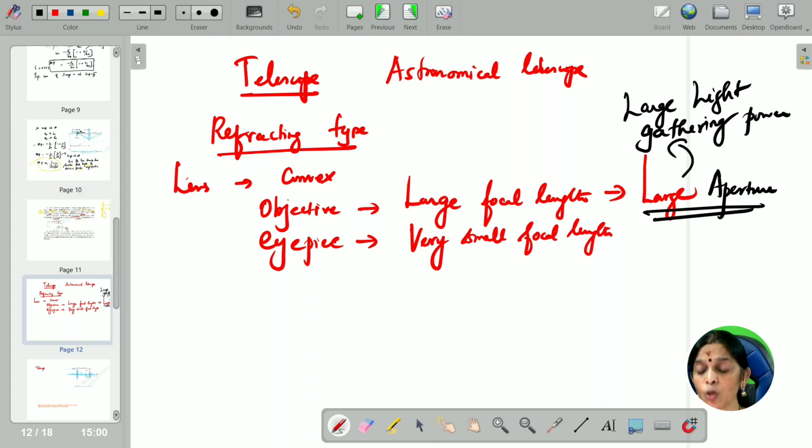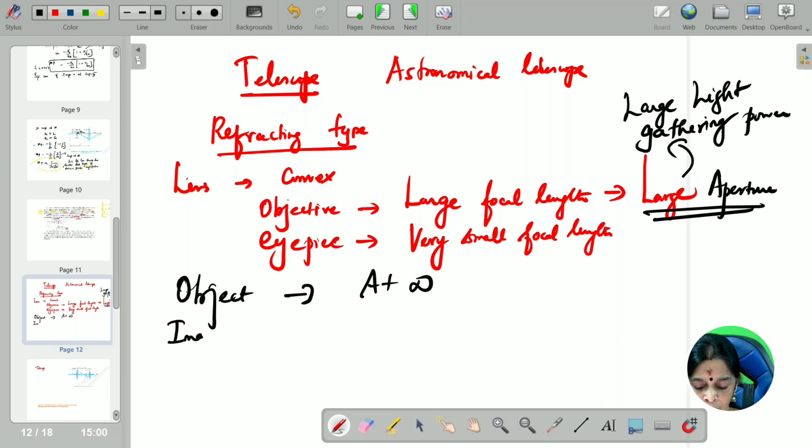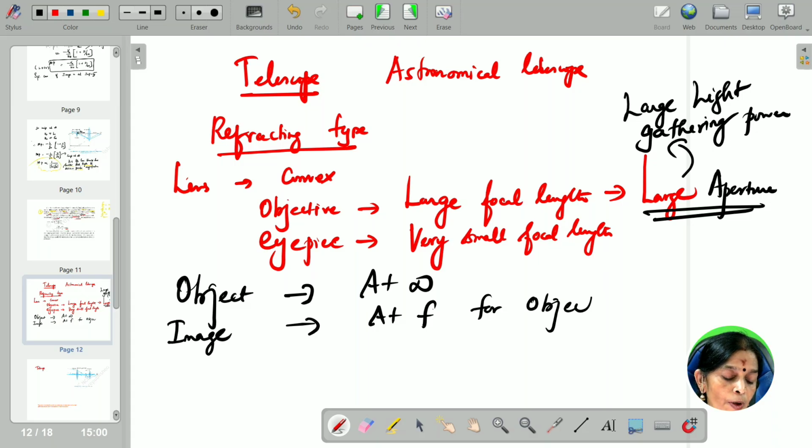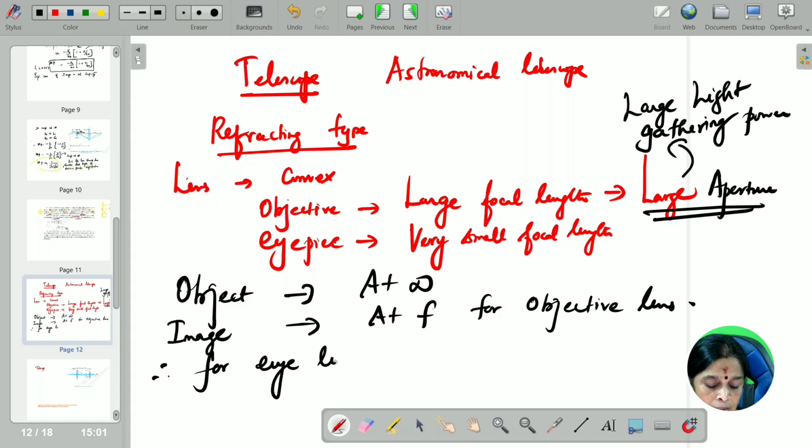You got it. Where is the object placed? The object is at infinity. Where is the image obtained? The image is obtained at F for the objective lens. And where is the image obtained for the eye lens? For the eye lens, the image is acting as an object.